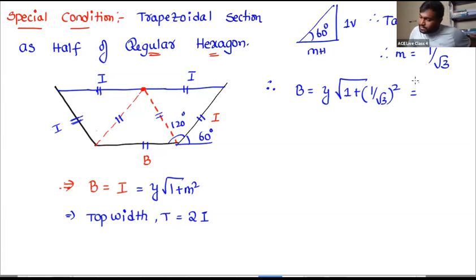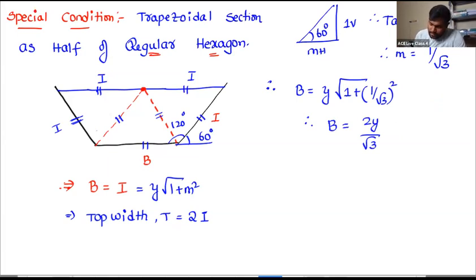So B is equal to 2y by root 3. So what is the base width in the case of the trapezoidal section as a regular hexagon? B is equal to 2y by root 3. This is very, very important.